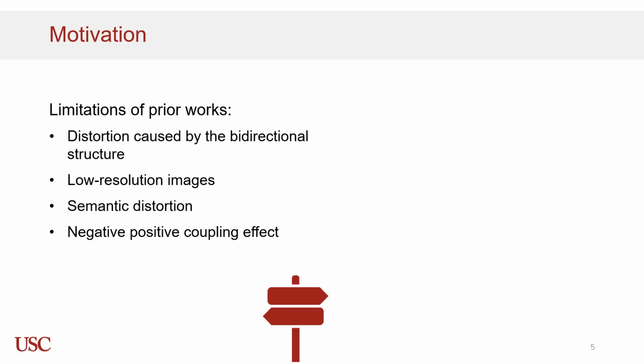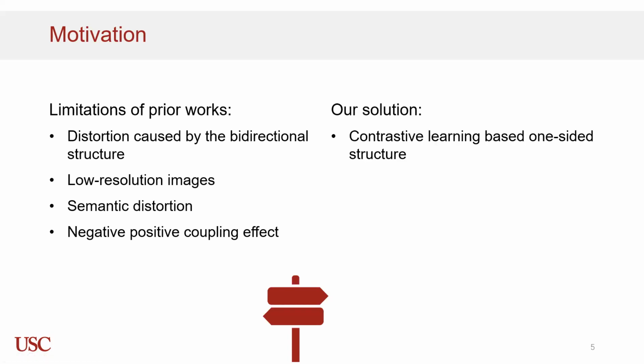And it also has a semantic distortion, which means the difference between the input and output with respect to their semantic meanings. And also there exists the negative positive coupling effect, NPC effect, in contrastive learning-based method, which will cause the gradient vanishing.